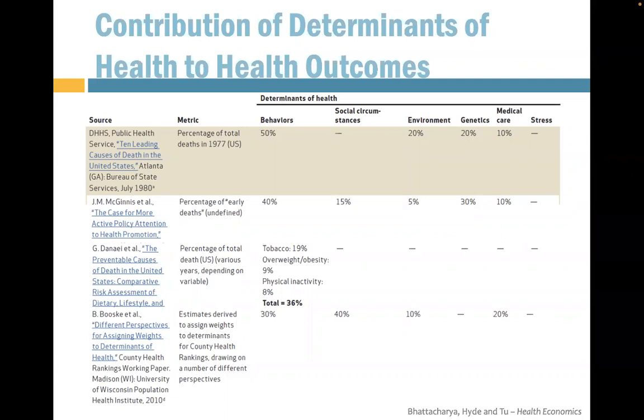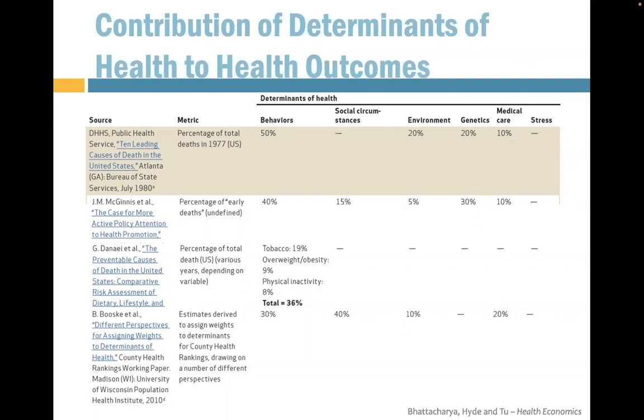This includes how much exercise you do, how much alcohol you drink, if you smoke, if you take drugs. These take 50% or 40% or 36% or 30%.